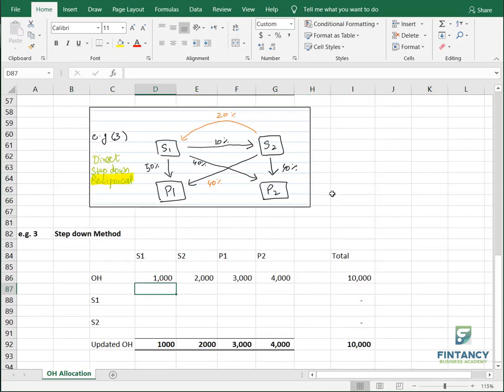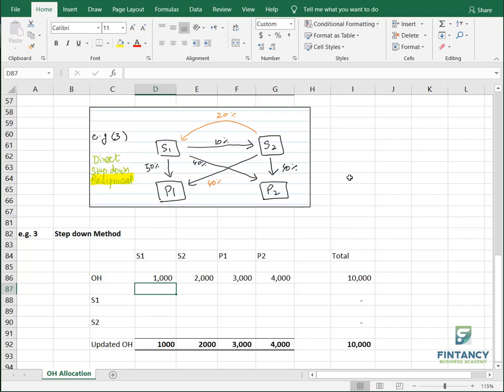Right? This is clear. So my friends, focus please. In step down method, what I told you, that you will consider inter-service department relationship. Now see, in this scenario, both departments are giving to each other.